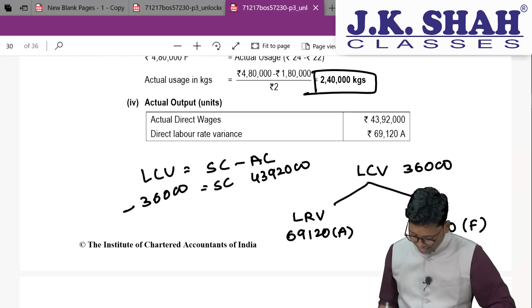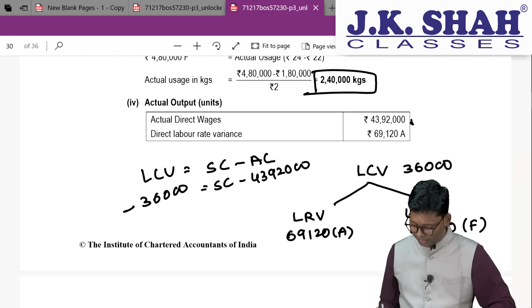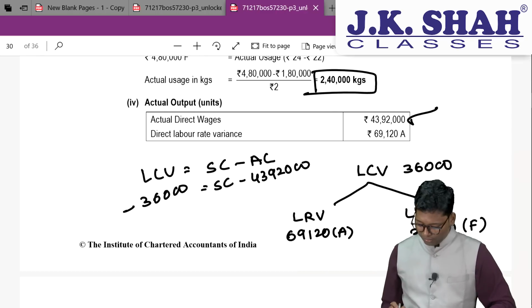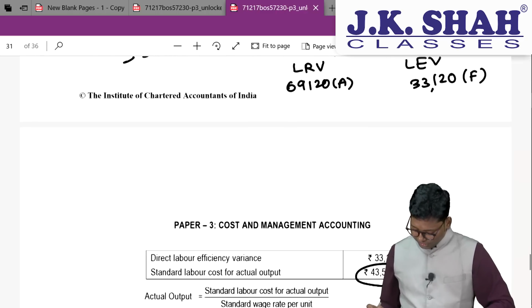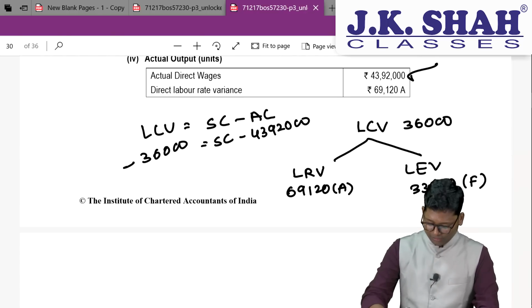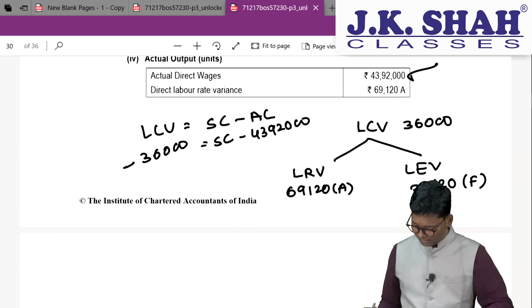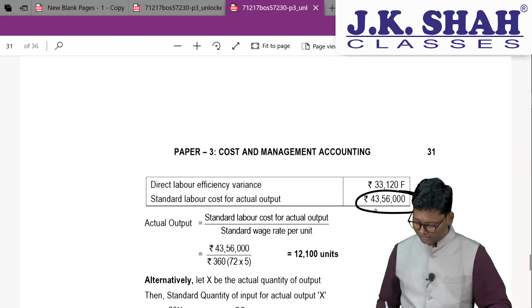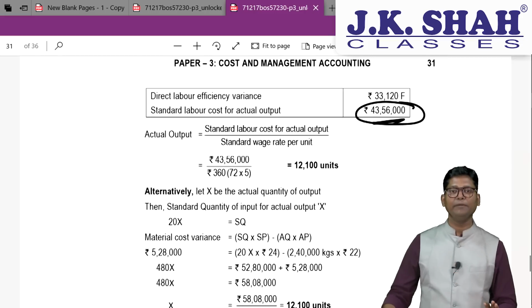Standard cost can be calculated. The same stuff has been used here. They have taken 4392. In that they have adjusted both the figures, and once both the figures are adjusted, you are going to get your total value which was missing, and that is the value 4356. Computed? Done.